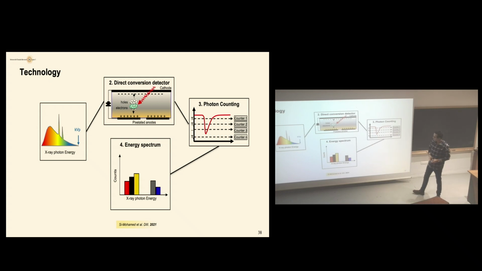So these detectors, we said that they were semiconductors. So the pixelated anodes are receiving a photon. The photon will be the energy, the signal will be amplified. Then in the electronic system, the ASIC, there will be a shape designer, a shape, that will then compare and put in different counters.